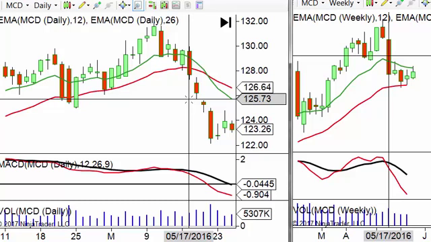So the key is there's some good stuff going on here, but there was on the last one as well. But what's even more important is that we have multiple time frames confirming this trade. And the cross of the MACD line with the signal line on the weekly, that's what I'm looking for.